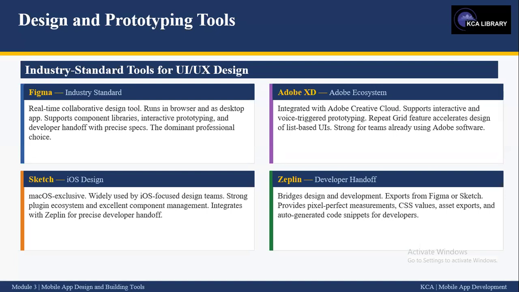Adobe XD integrates well within the Adobe ecosystem, while Sketch is widely used in macOS-based design environments. Zeplin serves as a bridge between design and development by providing precise specifications and assets. These tools ensure that design concepts are clearly defined before development begins.